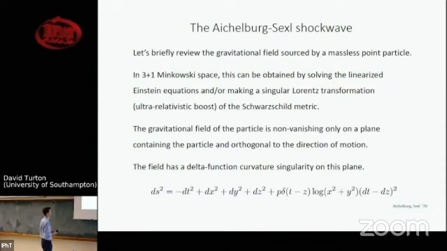We find a gravitational field which is non-vanishing only on a plane containing the particle, orthogonal to the direction of motion. And we have some delta function which controls the motion of the particle. Okay, so this is a well-known solution which has a delta function curvature singularity on this plane for a non-trivial back reaction.